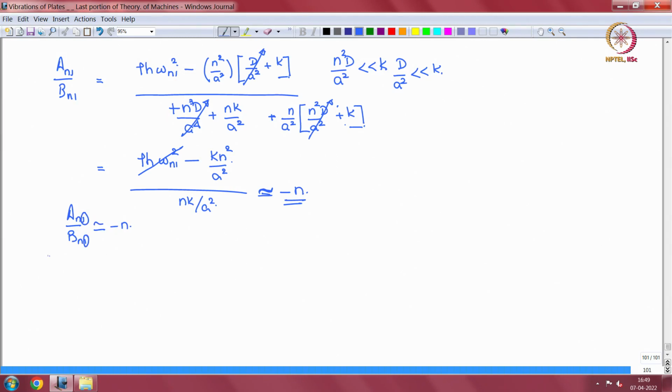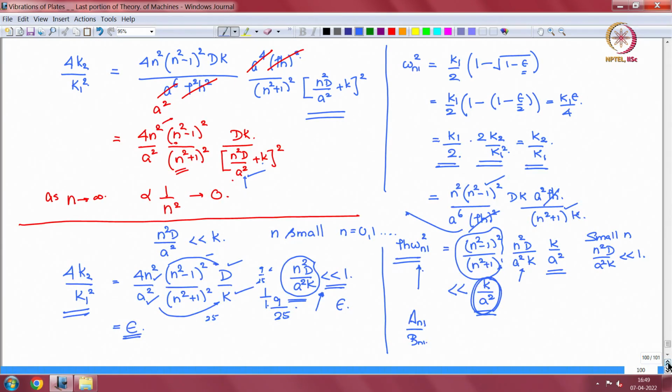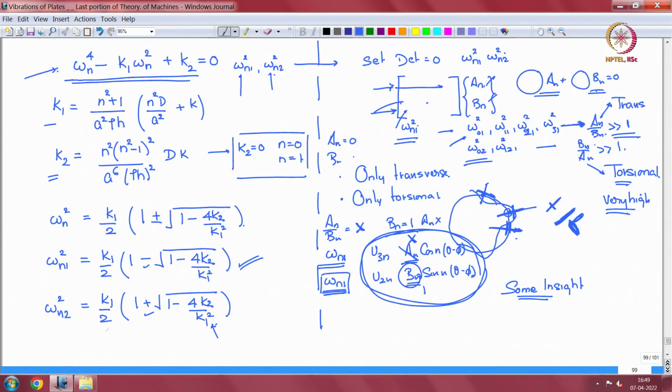Now omega n2 square is given by, okay, if you see omega n2 square is given by, this is a small quantity. If we ignore this, k1 is given by k1, and this k1 is this value, and we enforce the approximation.